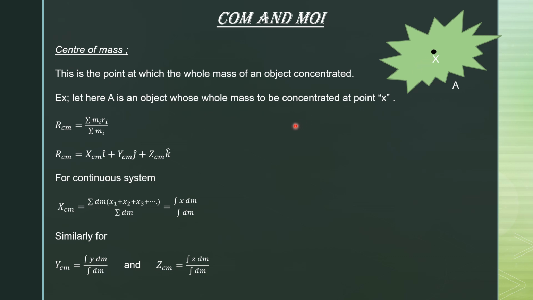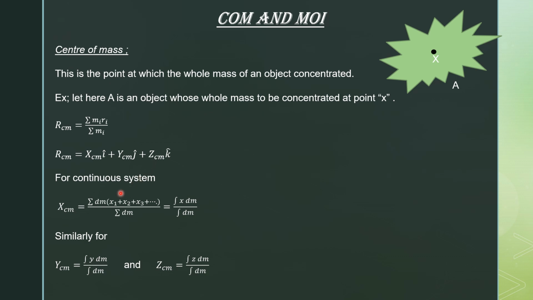When we represent it through the position, we can write it as RCM is equal to summation over miri whole divided by summation over mi. And when we represent it through the coordinate system, we can write it as RCM is equal to XCM i cap plus YCM j cap plus ZCM k cap.